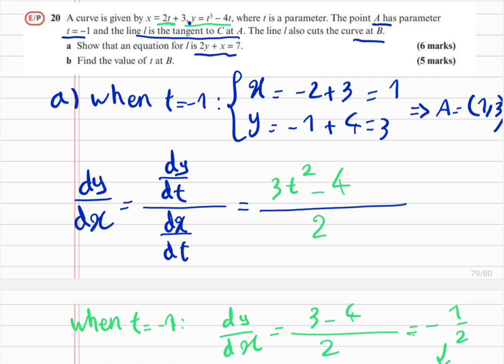But this is kind of the opposite, but not exactly. This time we want to find the value of t at point B.